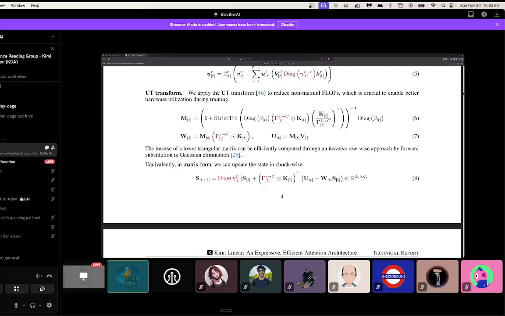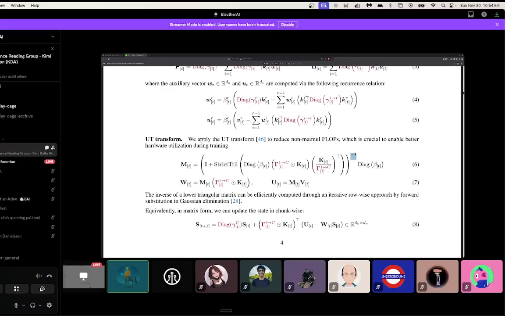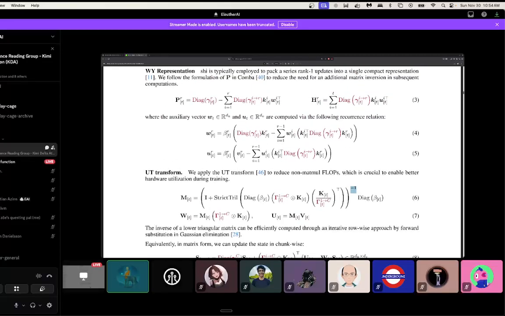So the fact that it's taking this inverse is not as bad as it looks, because to invert a strict triangular matrix, you can just use Gaussian elimination. And so the idea is that these recurrences here are expressed in these two equations here.